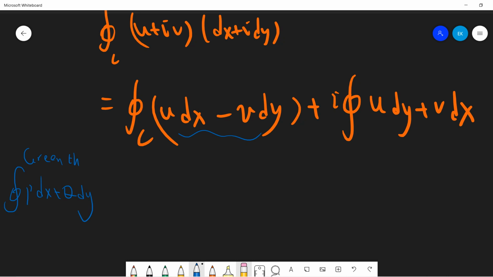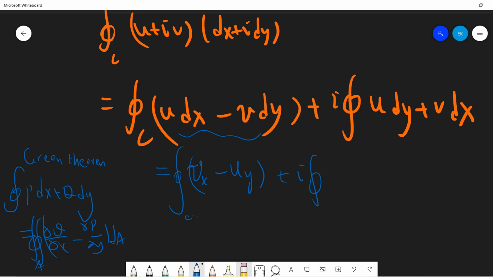So Green's theorem in vector calculus will be partial Q partial x minus partial P partial y dA, integrated over the region A. So you will get vx minus uy. Let me see. Vx minus uy.